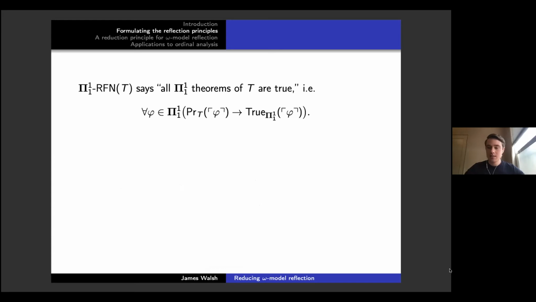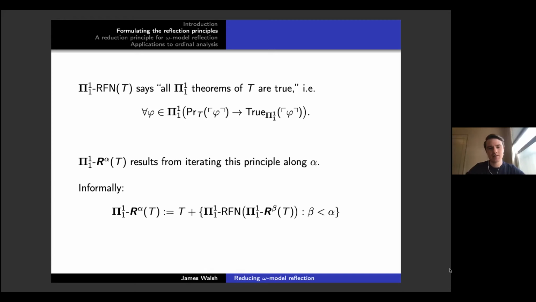Now we can in ACA 0 give definitions of the standard complexity classes and their reflection principles for this boldface language. So boldface pi11 reflection of T is the sentence that says all boldface pi11 theorems of T are true. That is, for every phi in boldface pi11, if T proves phi, then phi is a boldface pi11 truth.